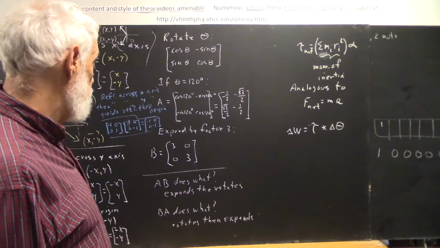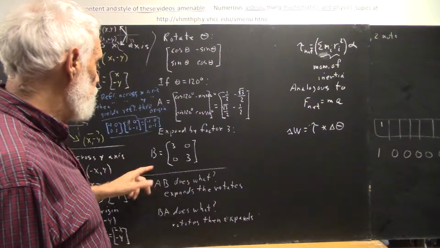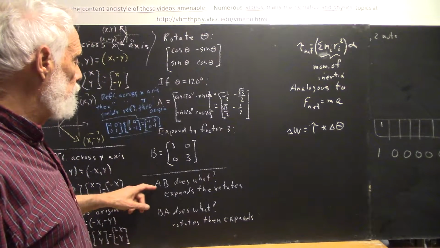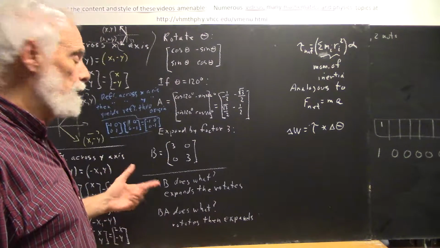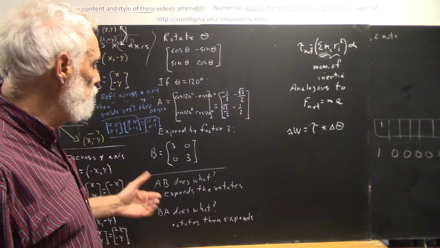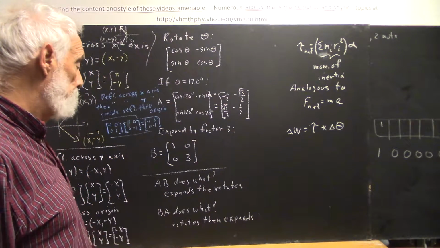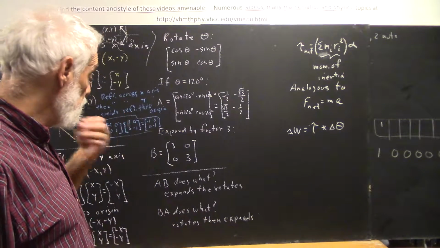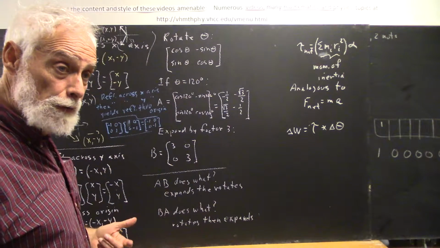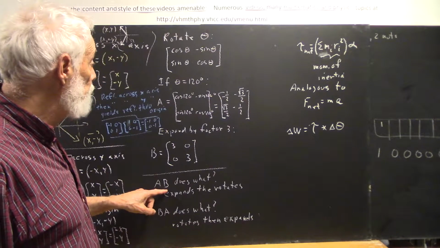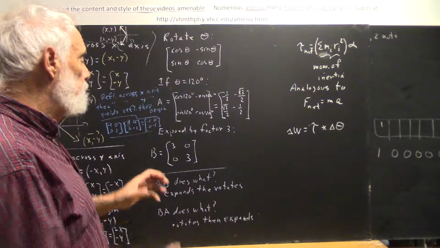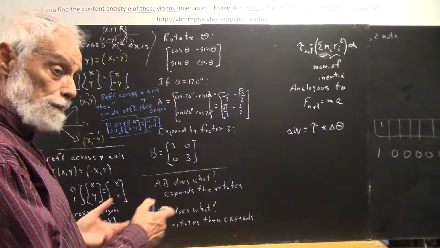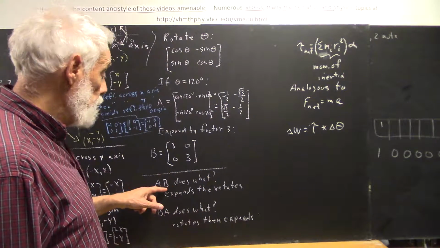Okay? Now, if this is a matrix A and this is a matrix B, what does the matrix AB do? What does the matrix AB do to a vector when you apply it? Well, what's the first thing that happens to the vector? It gets multiplied by B. So this transformation expands your vector by a factor of 3, makes it 3 times as long without changing its direction.